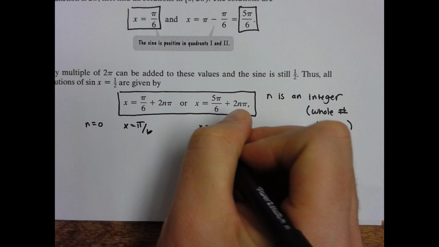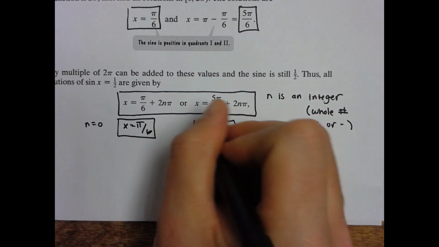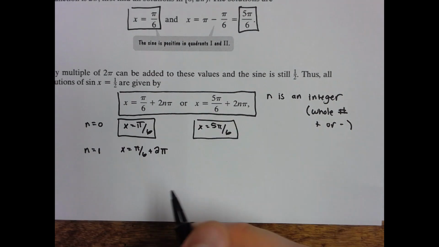Now we would get two more solutions by letting n equal 1 and subbing 1 into this equation for n. So that's x equals pi over 6 plus 2 pi, and then 5 pi over 6 plus 2 pi. Well, we can get common denominators here and add these together.